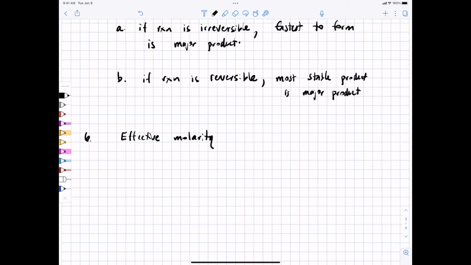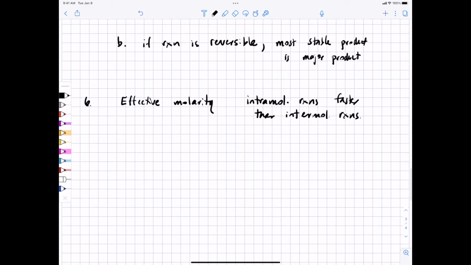It's that intramolecular reactions are faster than intermolecular reactions. And the idea is it's almost like you get an effective bonus in concentration when you do an intramolecular reaction. So let me try to give you an example of this.